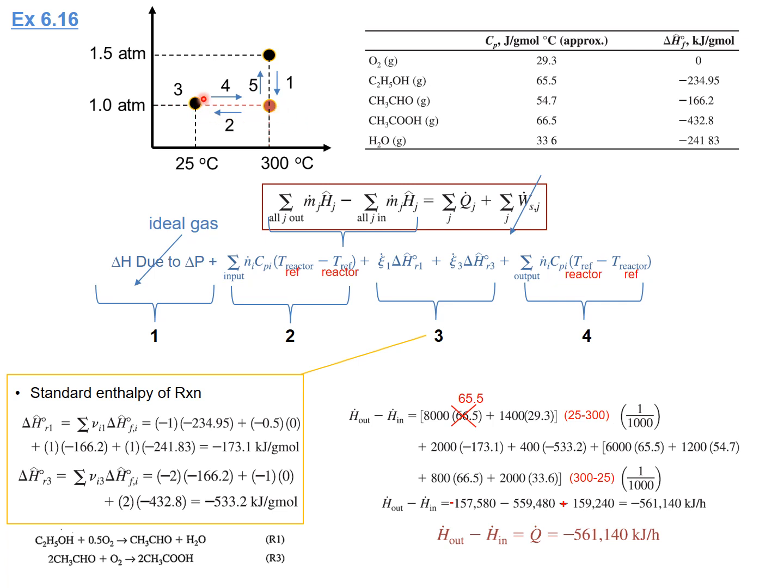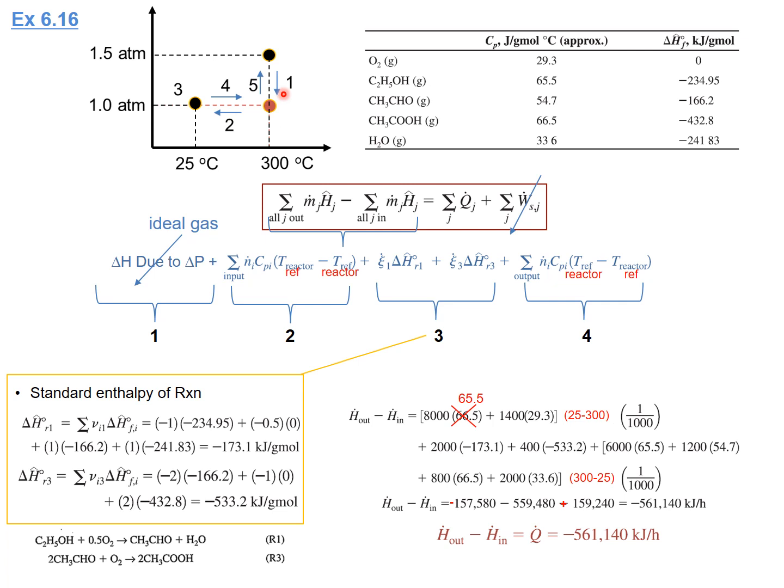Then we should go back to the original state. And the next step is for temperature increase. So 300 minus 25 Celsius degree. Then step 5, which can be neglected because the pressure term can be neglected.